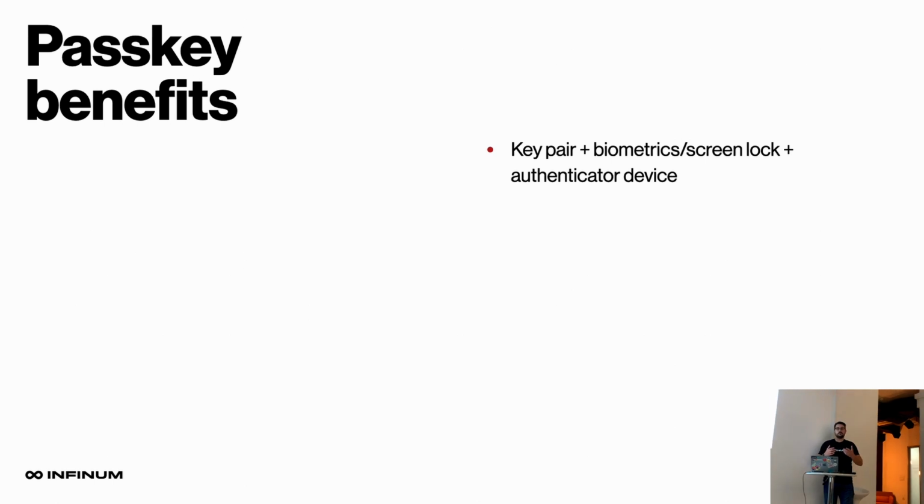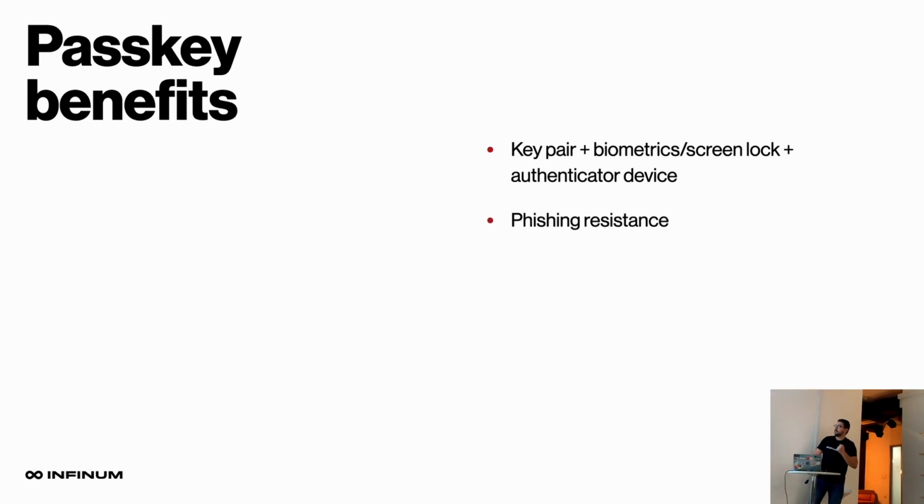So if you're using your phone, you have to have some kind of lock screen. Is it a PIN, a pattern? Is it something probably more secure like biometrics? These 3 things make a passkey a much, much more secure combination than just having a password, or having a password with something like 2FA.